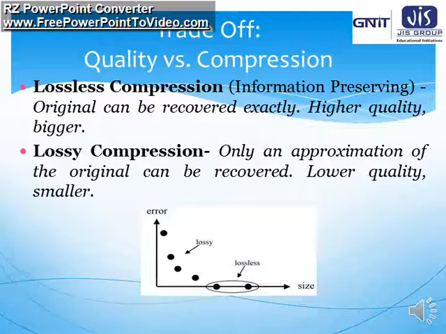For the image quality, lossless compression gives a higher quality image and lossy compression gives a lower quality image. For getting back the original image, with lossless compression the original can be recovered exactly. For lossy compression, the original image cannot be recovered exactly, but only an approximation of the original can be recovered.